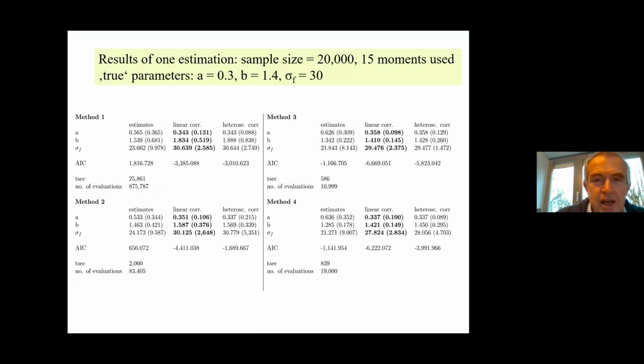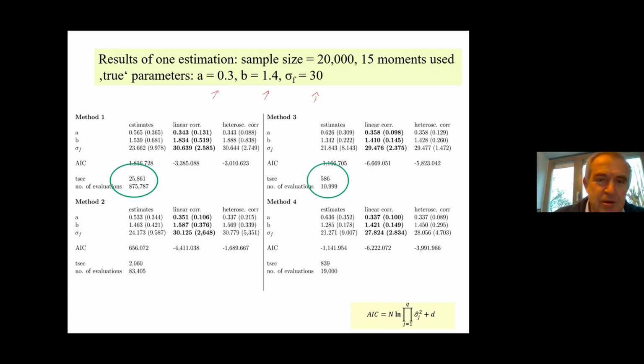The parameters are given like this. So that's a standard set of parameters that leads to empirically nice time series, A and B for the agent-based model, and sigma f for the standard deviation of the fundamental innovation.